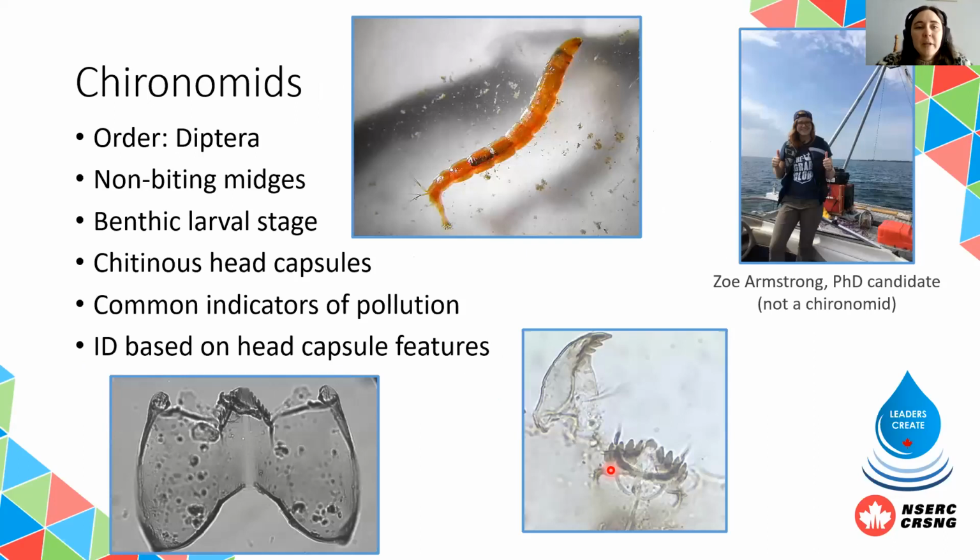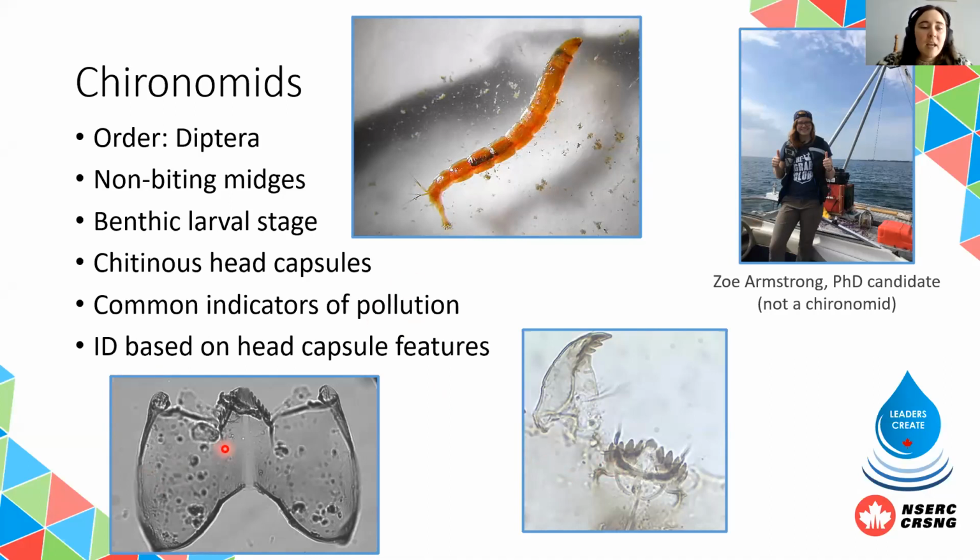Okay, so if you're not familiar with chironomids, I keep using this term, you're like, what is she talking about? These are non-biting midges. So they're little insects, and they spend their larval stages living in the benthos before emerging as flying adults. Importantly for us, they produce these chitinous head capsules, which tend to preserve well in sediments.